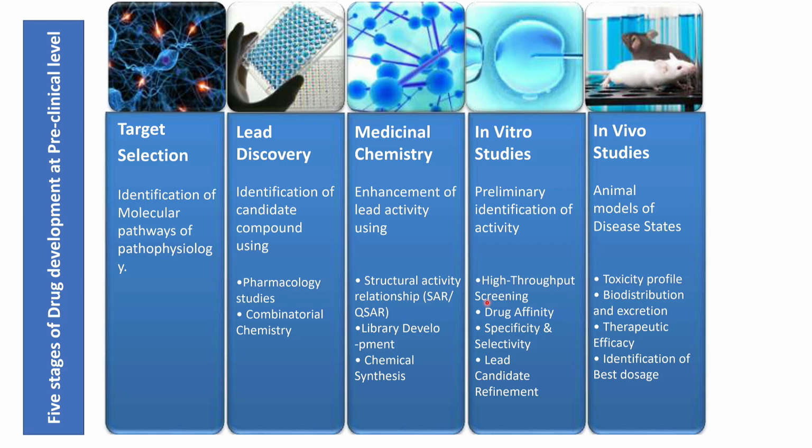It should actually reach the site of the target, and it should have very good efficacy at very less dosage. So, then comes this third step, that is medicinal chemistry, where we enhance the activity of your lead molecule.